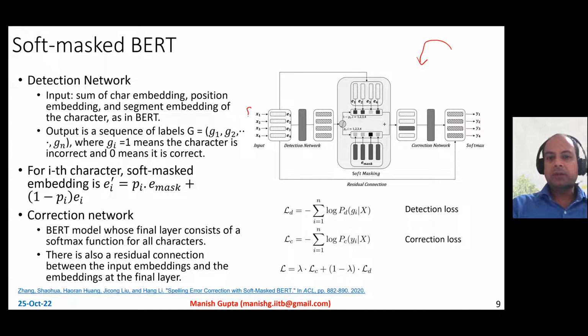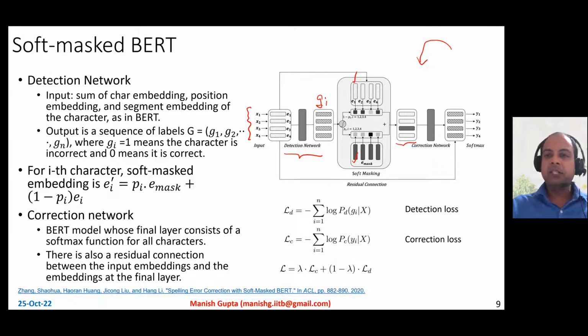So as you see here, this is the model architecture. Here is your original input. Let's say the original input has 4 characters. The detection network is going to come up with the probability g_i that the ith character is incorrect. Now, depending on the incorrect probability, you are going to come up with the representation for every character, which is a linear combination of its original embedding and the mask embedding.